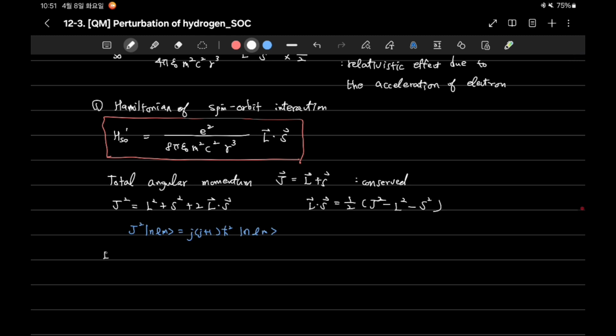So this L dot S can be written as L_x S_x plus L_y S_y plus L_z S_z. Here L_z and S_z are also well defined.